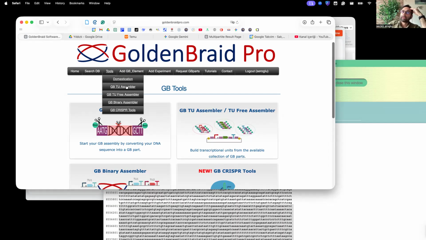So you will transform this one, the binary. What the Golden Braid system calls these things: this is alpha and this is omega. So the binary vector is omega, and the one that's used for constructing the binary vector is called alpha.